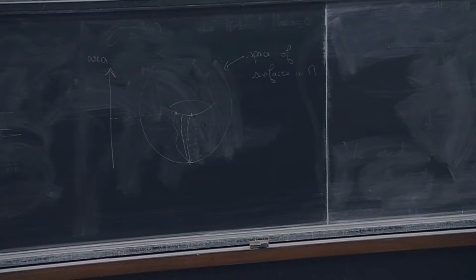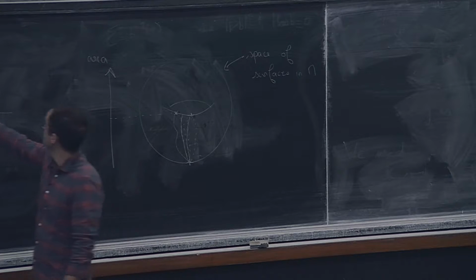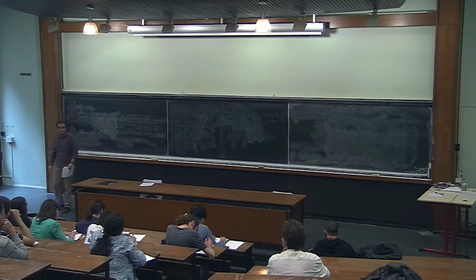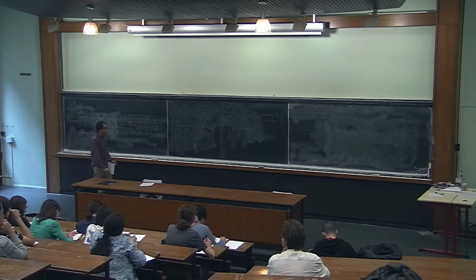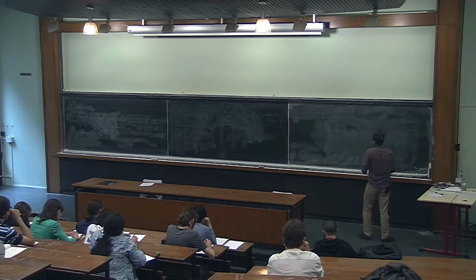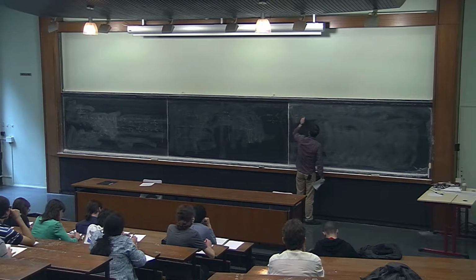So maybe it's possible to do this to construct some minimal surface inside my sphere with some metric on it. And in fact, this idea goes back to an idea of Birkhoff.